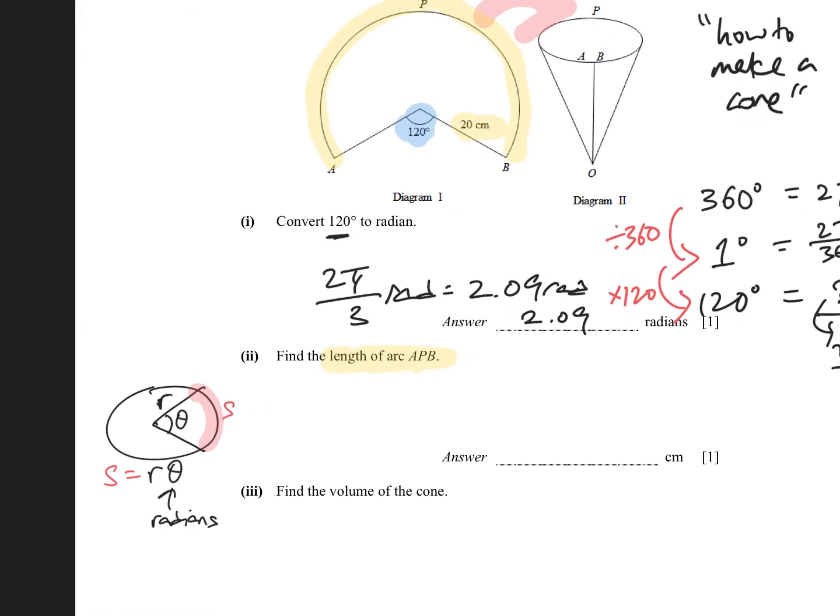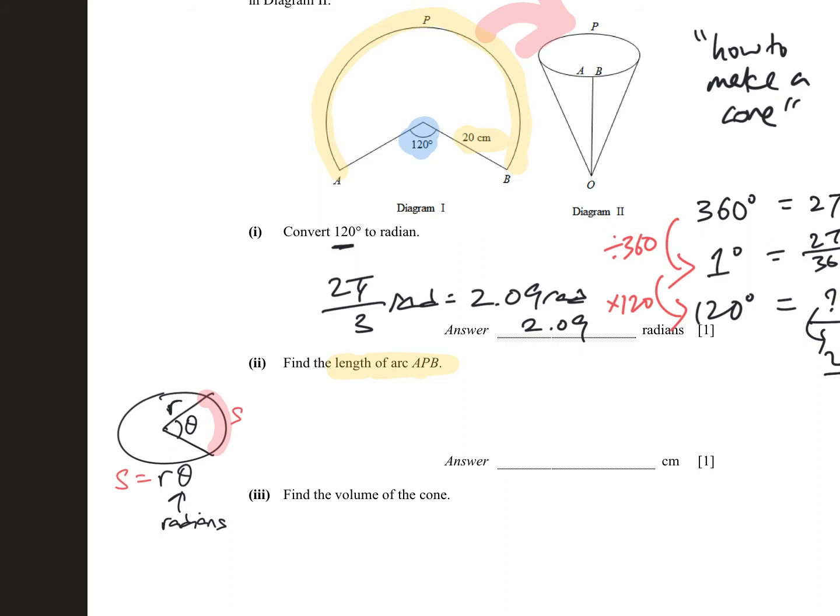What do we want? We want APB, and so what we need is this angle. Do you agree? We already found that this angle below here is 120 degrees, which is 2.09 radians. We know a full circle is 2 pi radians. So the yellow angle is 2 pi minus 2.09, because one full circle is 2 pi, and we are subtracting away 2.09 radians, which is the 120 degrees.